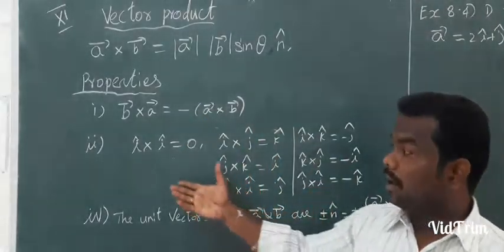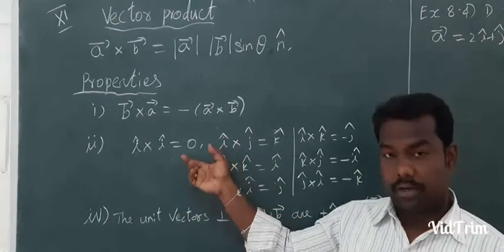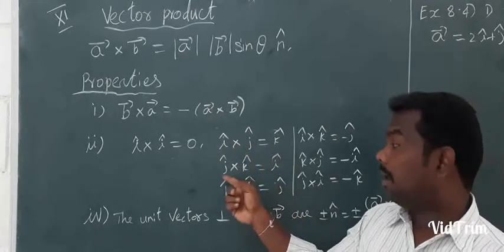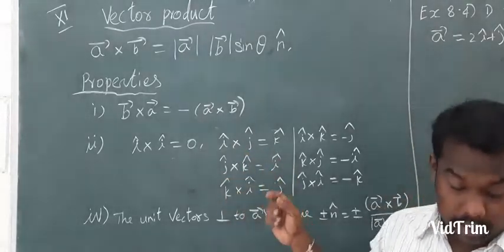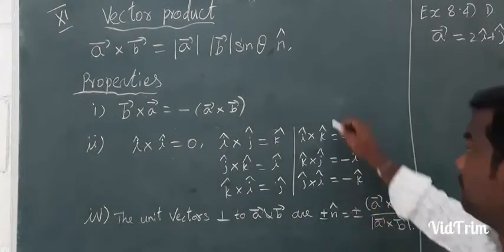The second one: i cross i is equal to 0. Here they are parallel, so it is 0. But i cross j is equal to k vector, j cross k is equal to i vector, and k cross i is equal to j vector.